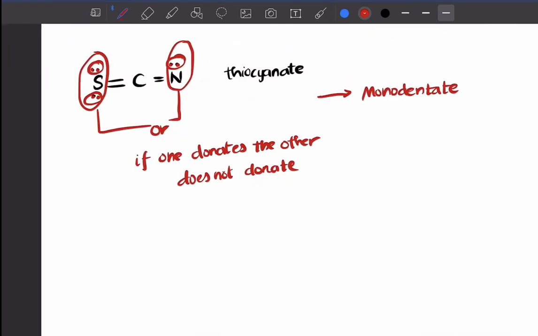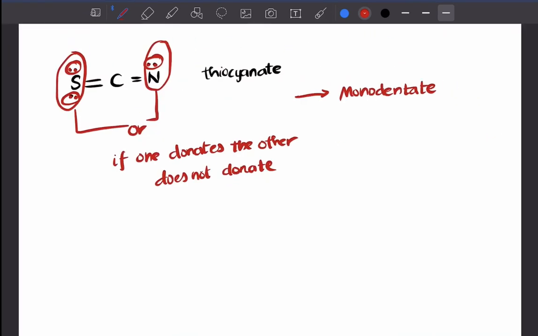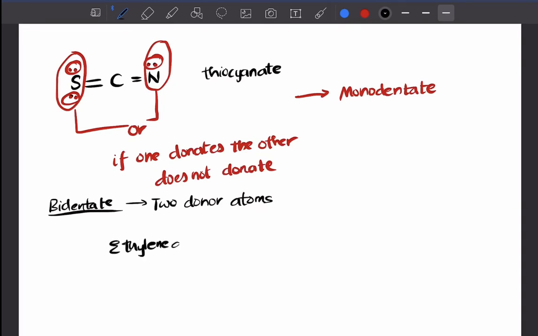Next, let's look at bidentate ions. So bidentate means there are two donor atoms. One of the most common examples is a compound called ethylene diamine, or the short form is EN.